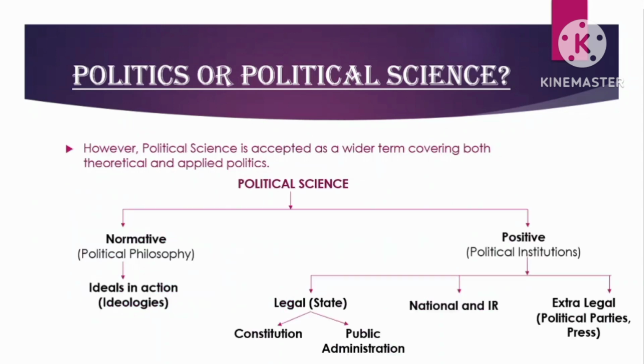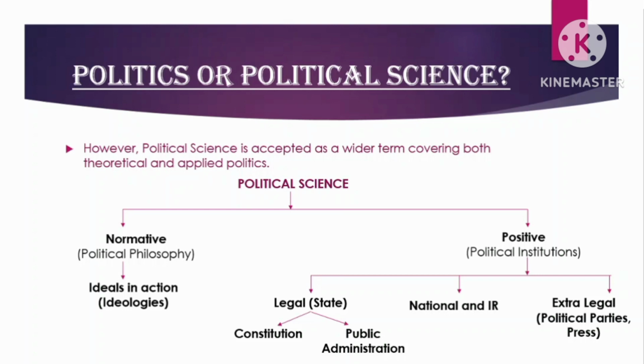But when we come to political science, we see that it is a much wider term and is used by most of the scholars. How it covers both theoretical and applied politics is what we see in this chart. Basically, political science has two aspects, normative and positive.